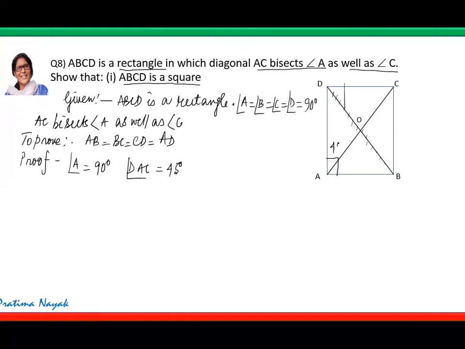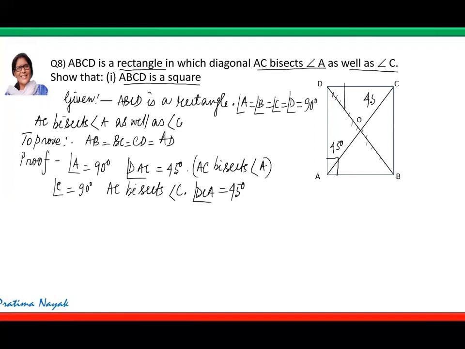This angle is 45 degrees, half of 90 degrees. In the same way, angle C is 90 degrees, and as AC bisects angle C, so DCA angle is equal to 45 degrees. And why is this 45 degrees? As AC bisects angle A. This angle is also 45 degrees.